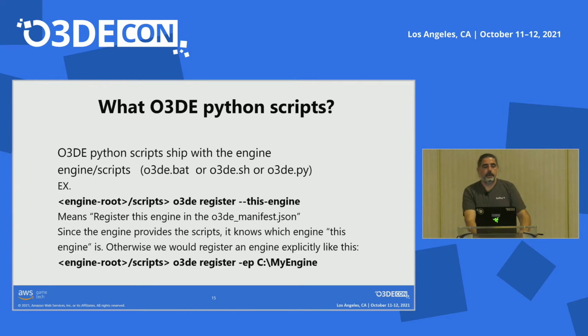All right, since the engine itself provides these scripts, this engine obviously knows which engine we're talking about, this engine. Otherwise, if we were registering an object, say an engine that was not this engine, say it was another engine that we had made, like an install or something like that, we could explicitly register it with o3d register, then the engine path, and then we give the path to that engine.